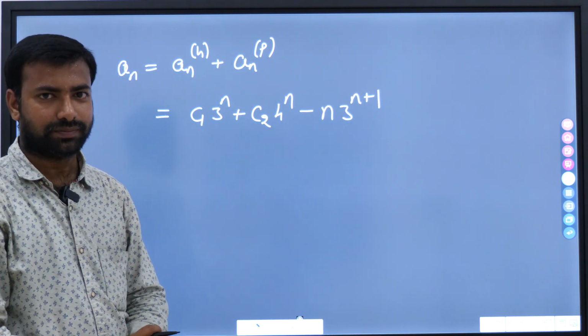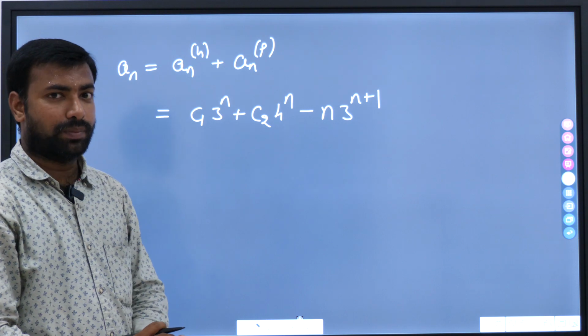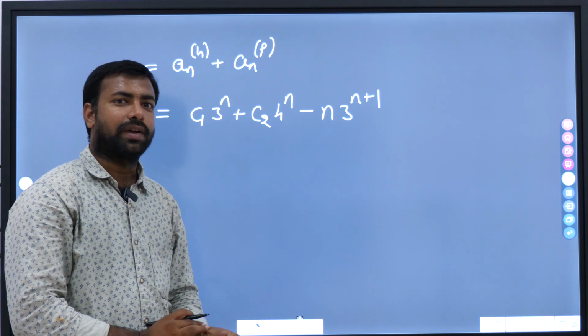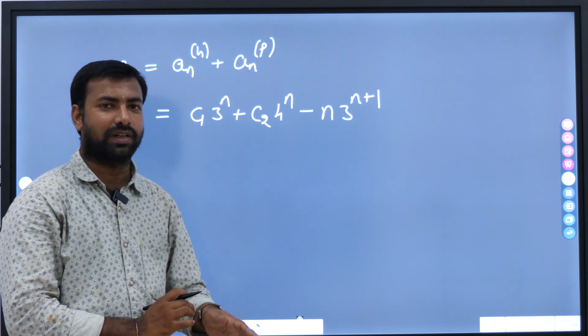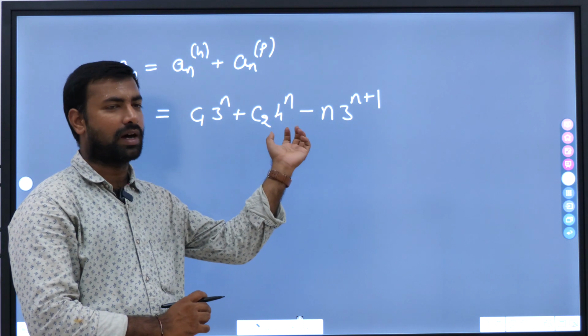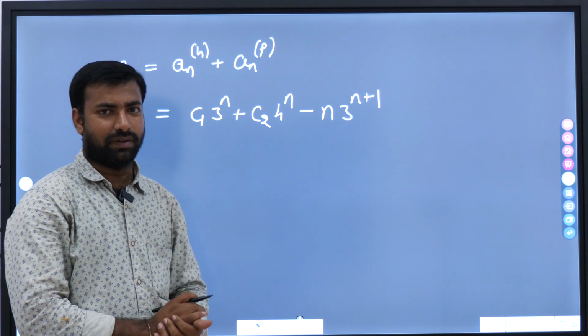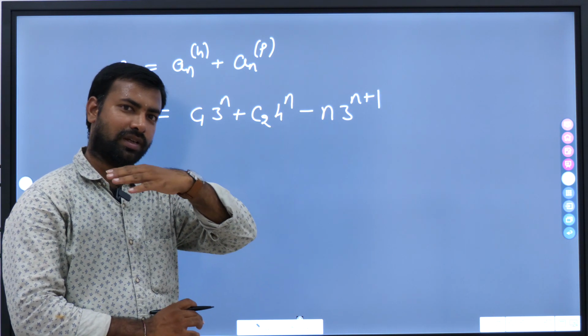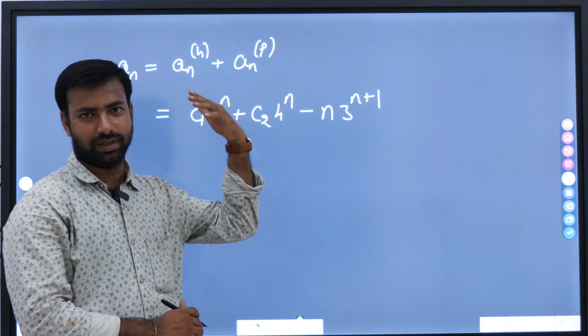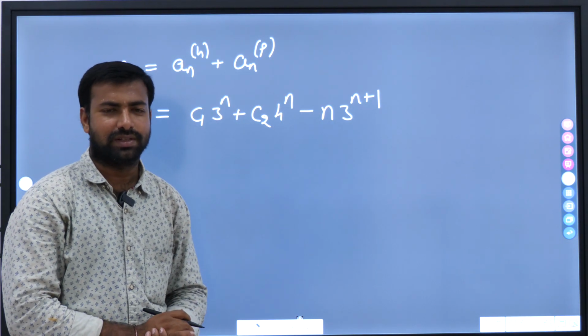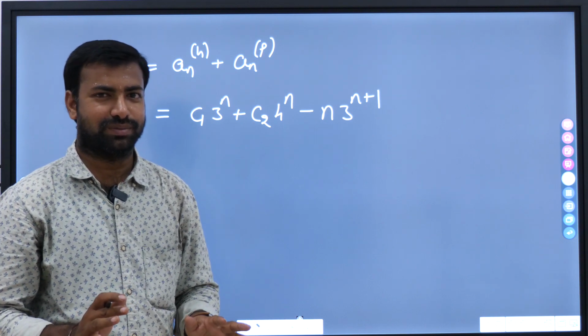That's it. Okay. So I hope you understand how to solve a non-homogeneous linear recurrence relation when the right hand side function is r power n. If r power n is a root, we will go this way. If it is not a root, we will go like the initial. Okay. So I hope it is clear to you. Thank you.